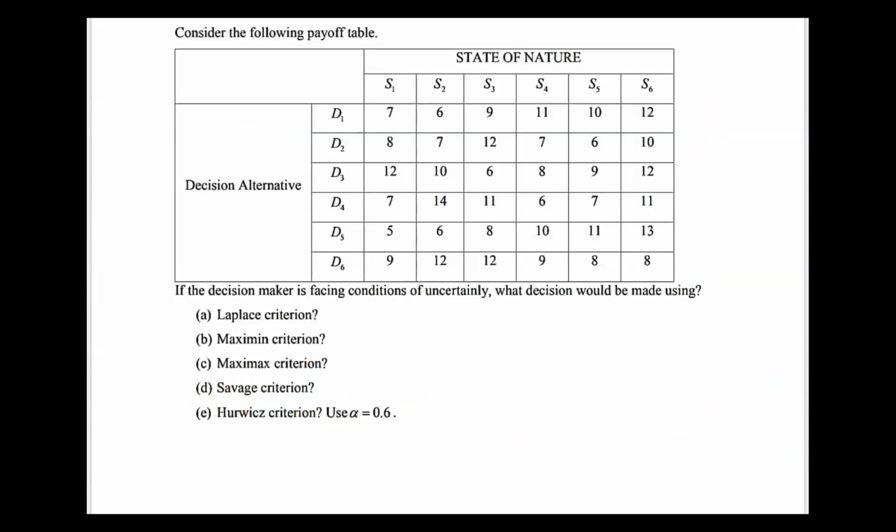Let's go to the third decision, that's max. This is an optimistic approach. That is the other name. In case another examiner uses the optimistic approach, it's the same thing. Max approach.